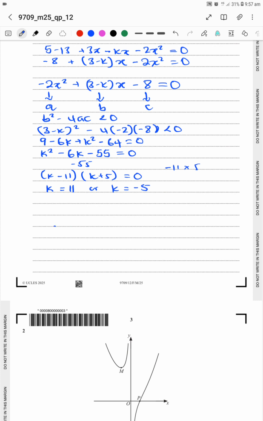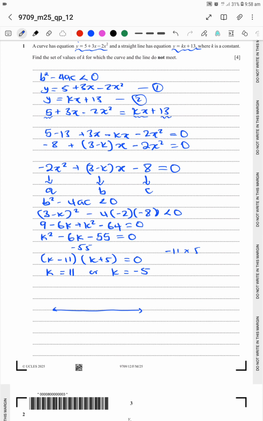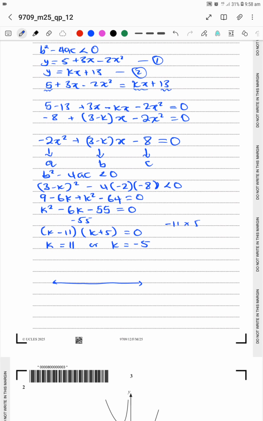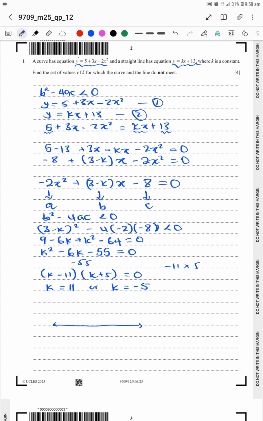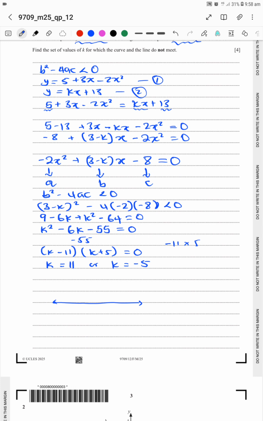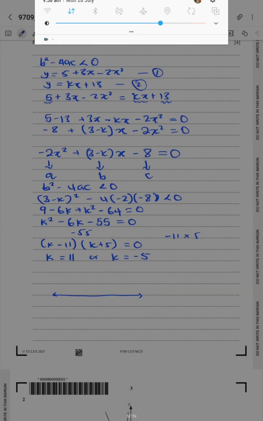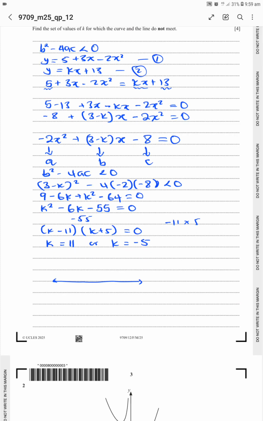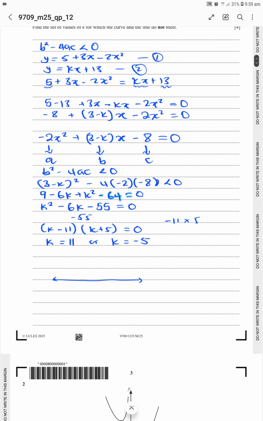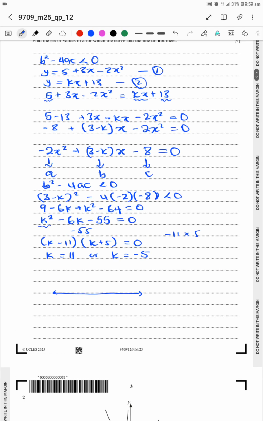So what we need to do is to draw our x-axis, and since the coefficient of k squared in this quadratic equation is positive, we can draw the curve that should look like a valley.